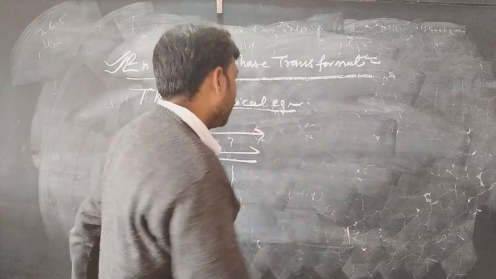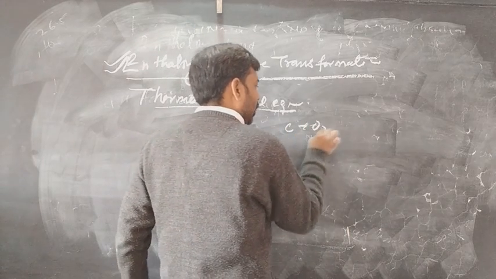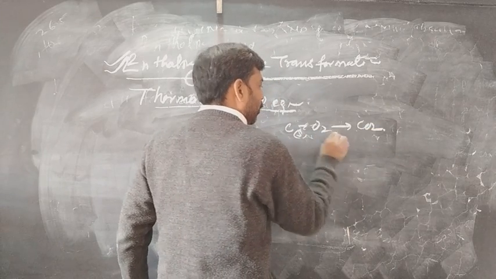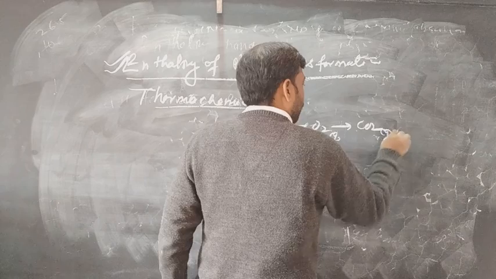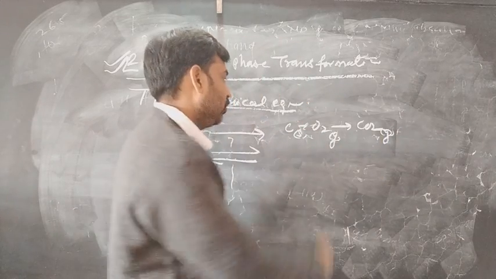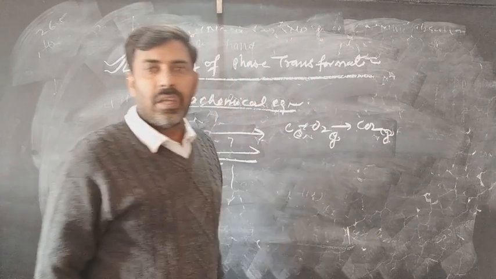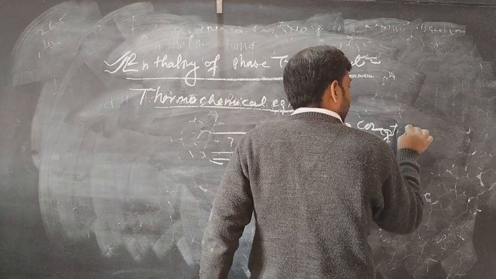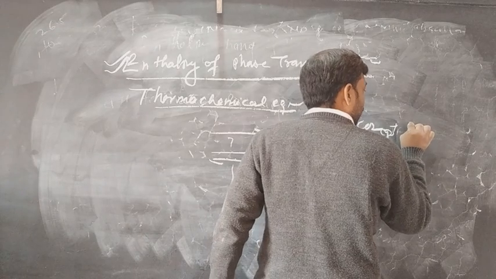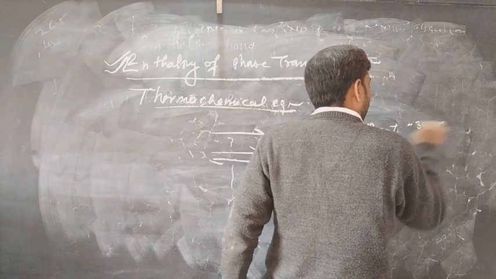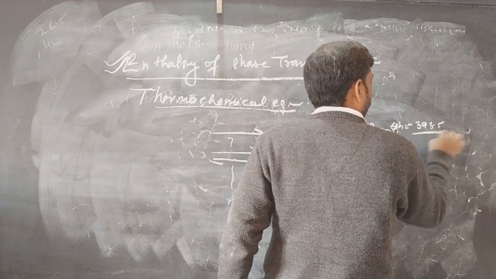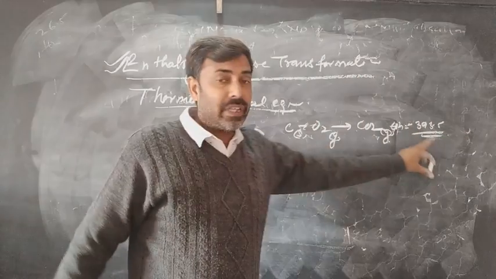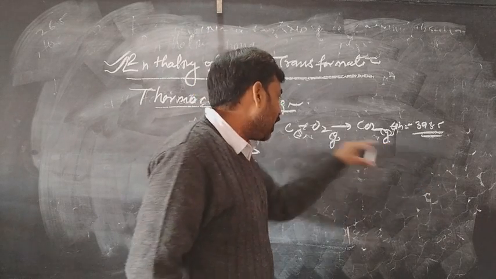But if you are writing a reaction, I am taking the same reaction as earlier, carbon, a solid, reacting with oxygen, a gas, giving carbon dioxide, a gas, and in this process whatever enthalpy change is associated, that is minus 393.5, the value of delta H. If you represent that also, then this is called the chemical reaction.